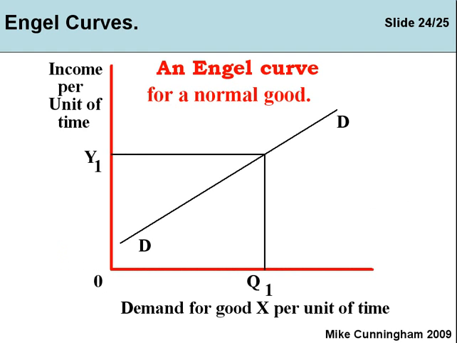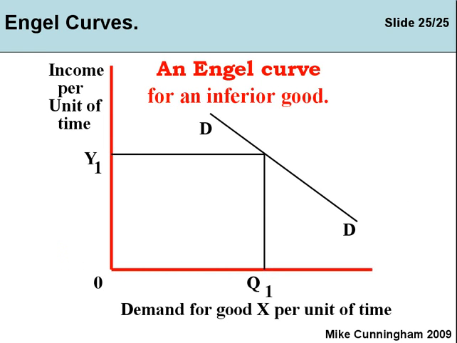As income increases, then the demand for the good increases also. For an inferior good, as income increases, less will be demanded. So that is the relationship between income and the demand for the good.